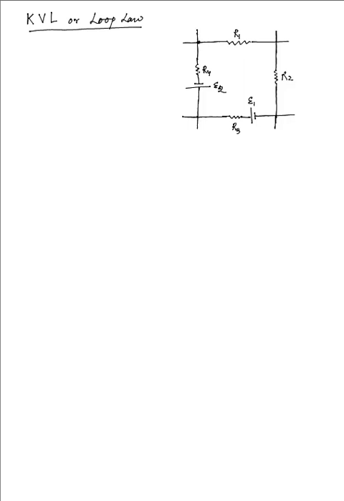Now the nodes that I have represented over here, let me just name them. I have the point A, the other point is B, and remember the extensions that I'm showing tell us that this is just a part of a bigger circuit. The circuit may continue outside the loop.